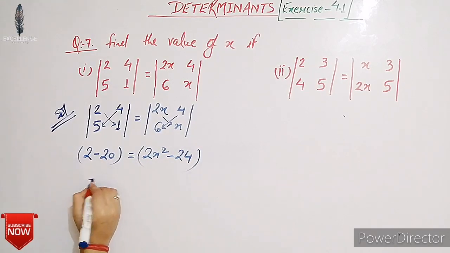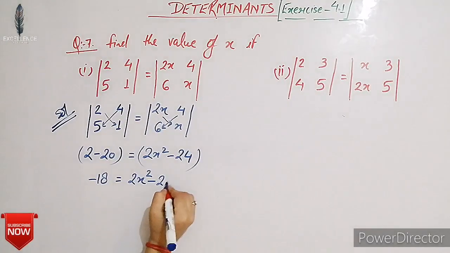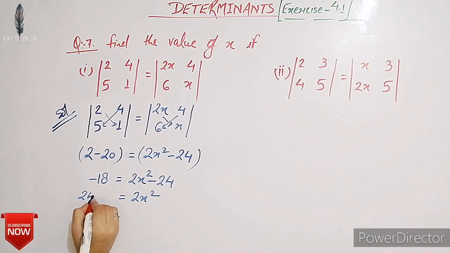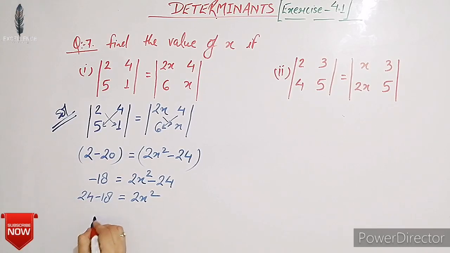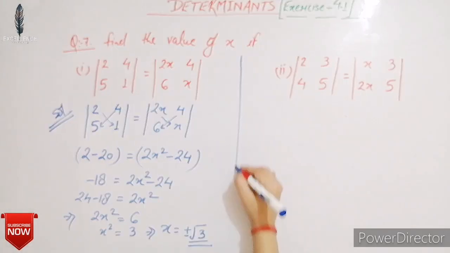So here minus 18 is equal to 2x square minus 24. Then 2x square is equal to 24 minus 18, that is 2x square is equal to 6, that gives x square equals 3, that is x equals plus minus root 3, the required value of x.